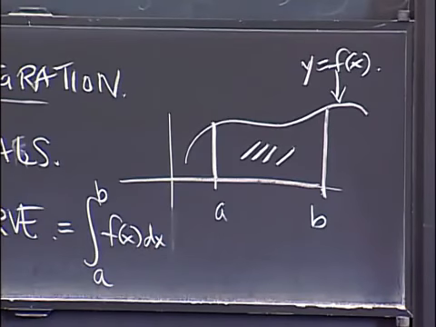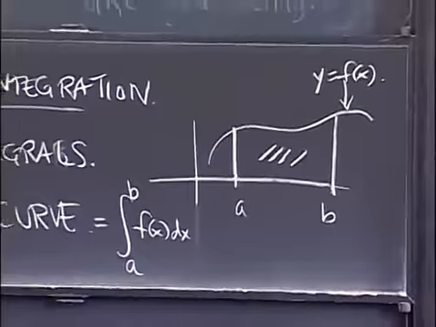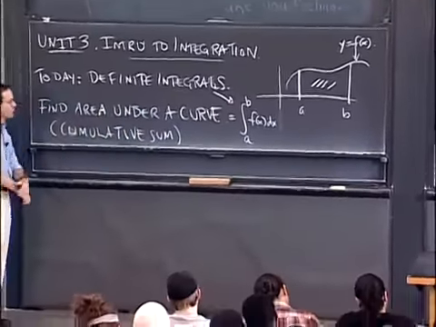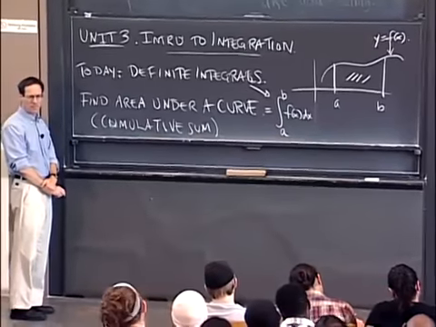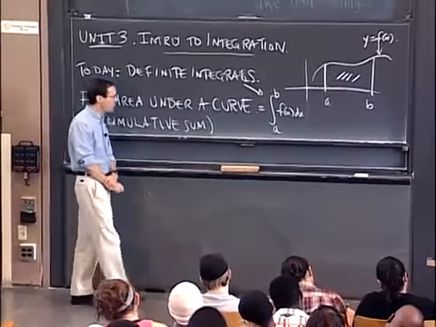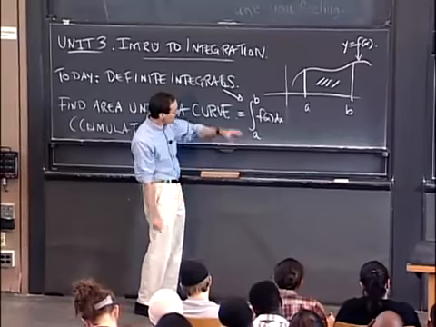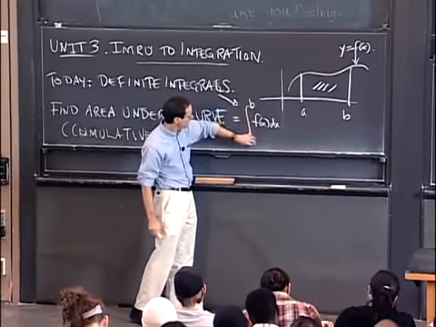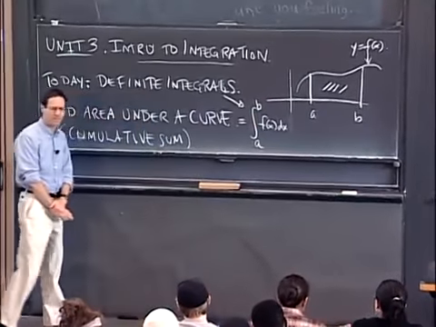So this is what's known as a definite integral, and it's interpreted geometrically as the area under the curve. The only difference between this collection of symbols and what we had before with indefinite integrals is that before we didn't specify where it started and where it ended.